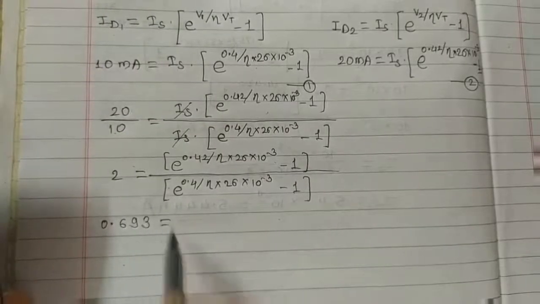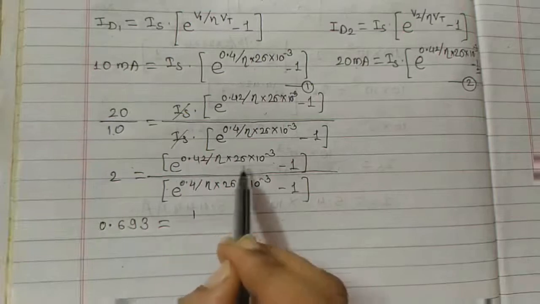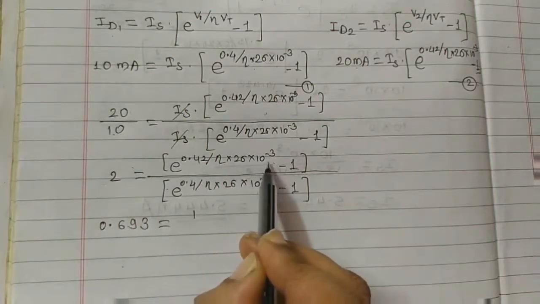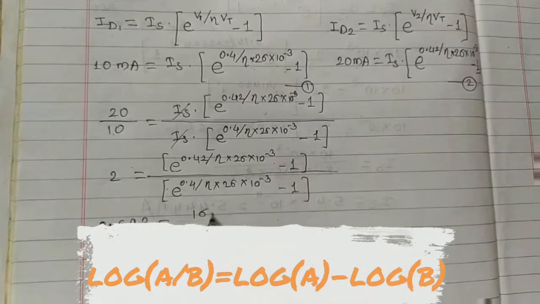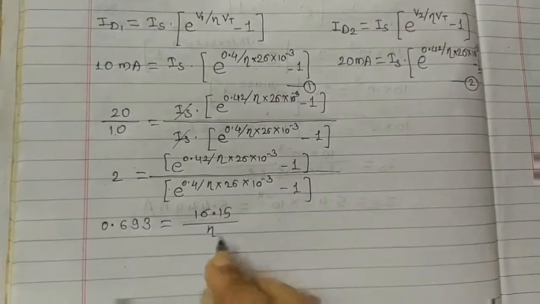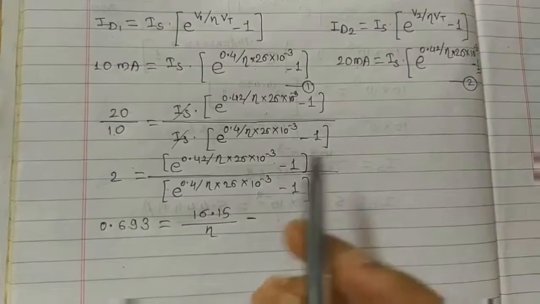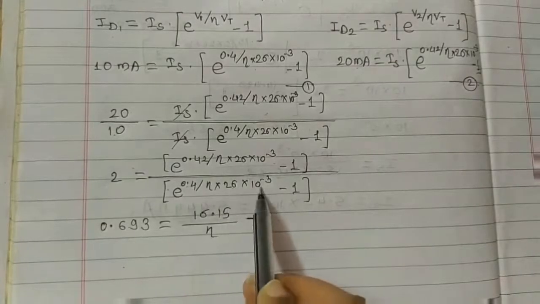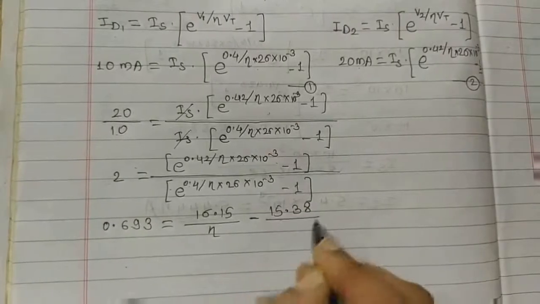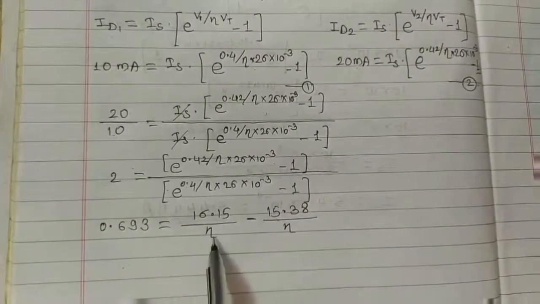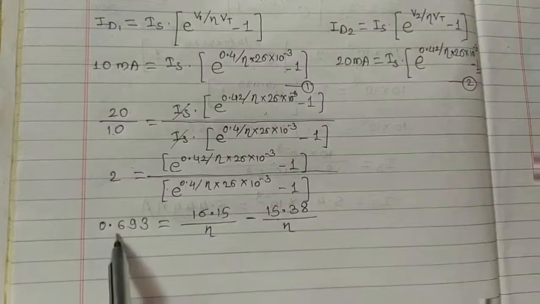So log of 2 will become 0.693, which is equal to 0.42 divided by 26 into 10 raised to minus 3, which is 16.15. So it is 16.15 divided by eta, minus this 0.4 divided by 26 millivolt, which is 15.38 divided by eta. Now this eta we will take to this side.